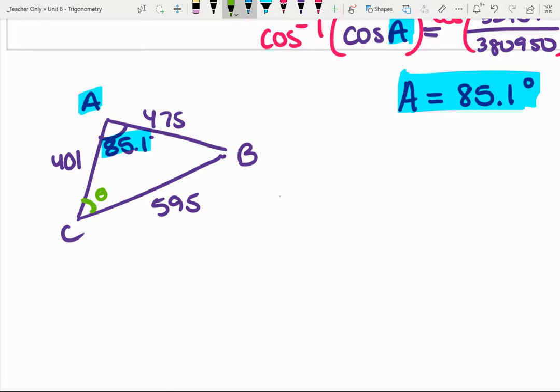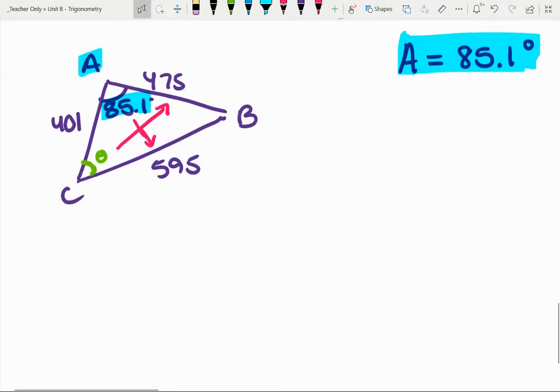Alternatively, I can think about the fact that now I have this missing angle, and I know its opposite side length. I know another angle and its opposite side length. So I could also use the law of sines here. And since the law of sines is slightly fewer steps than the law of cosines, I think that's the route I'm going to take. However, you could obviously do this using the law of cosines as well.